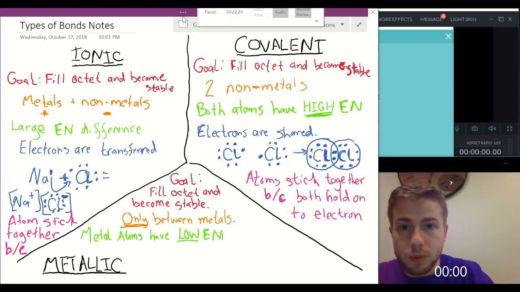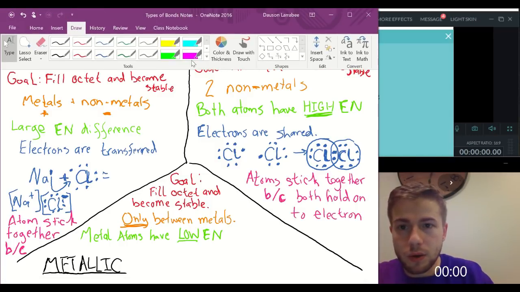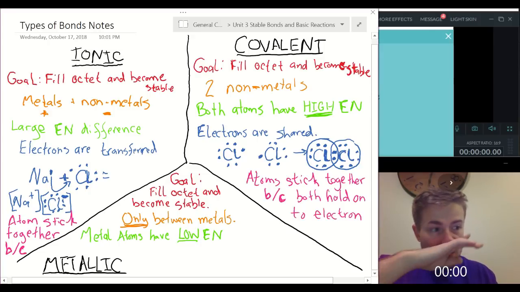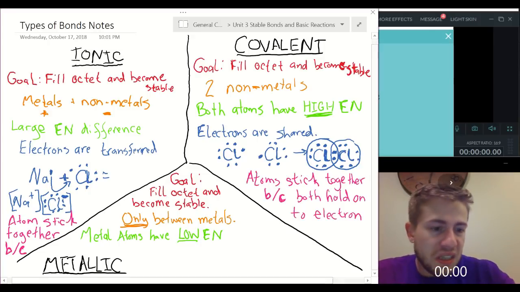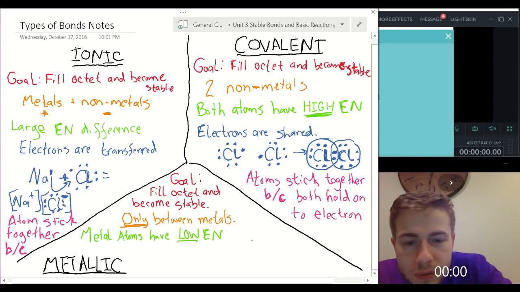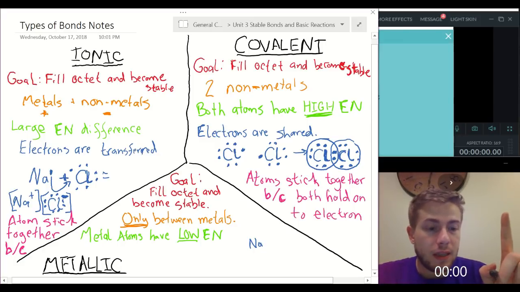I'll use blue because I want to keep it color coded. So an example or a picture of, let's use sodium. So sodium is Na, okay, and it has one valence electron.